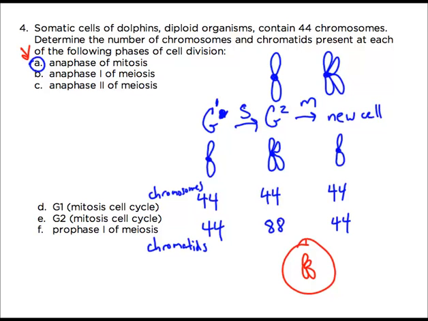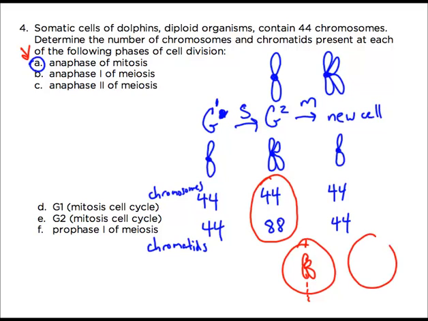Let's say this was metaphase of mitosis, right? So in this case, we have the doubled chromosome lined up with the others, which are not being shown here, on the cell equator. And at that point, we're still in this type of situation. If we were to see all of the chromosomes, we'd have 44 of them, and we'd have a total of 88 chromatids, right?